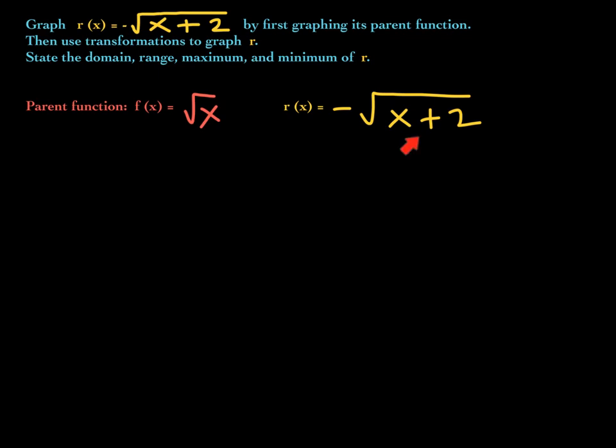Now let's talk about transformations. We've talked about this already a few times. Since the +2 is within the square root expression, since it's within the action or the argument of the function, this +2 represents a horizontal translation, 2 units to the left.